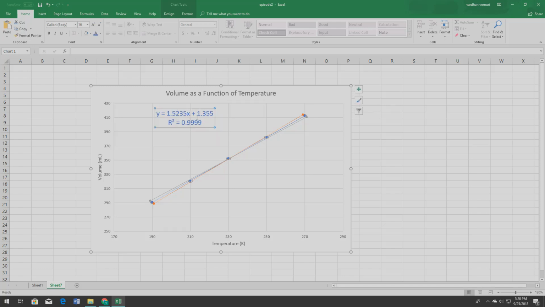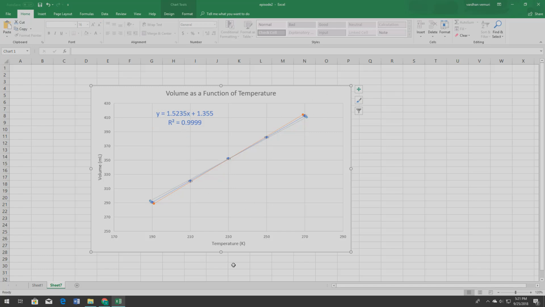All right, let's talk about what these numbers really mean. Y equals approximately 1.5x plus approximately 1.4. So right here, we know that our m value, 1.5, is the rate at which this equation changes.